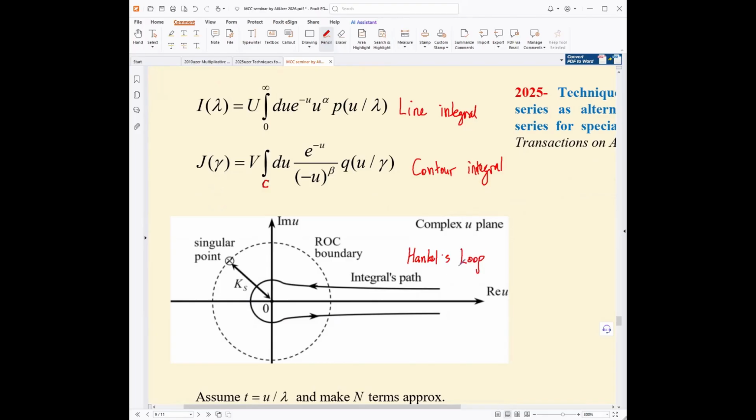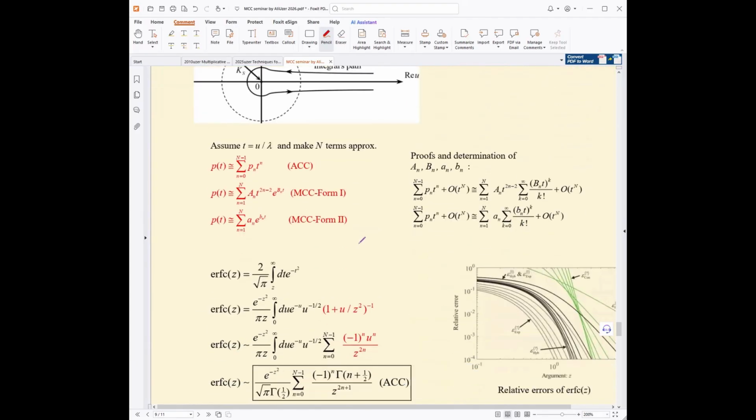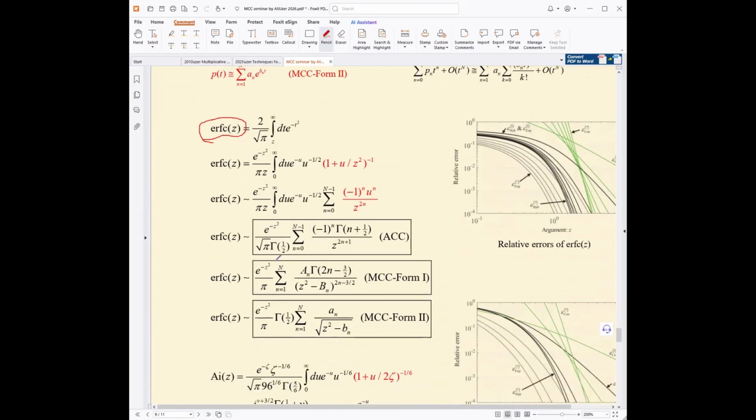So for arbitrary functions p and q, evaluations of these integrals are discussed from the viewpoint of multiplicative calculus. And many special functions may be written in this form. Among them, the error function and complementary error function may be written as an integral in the given form.